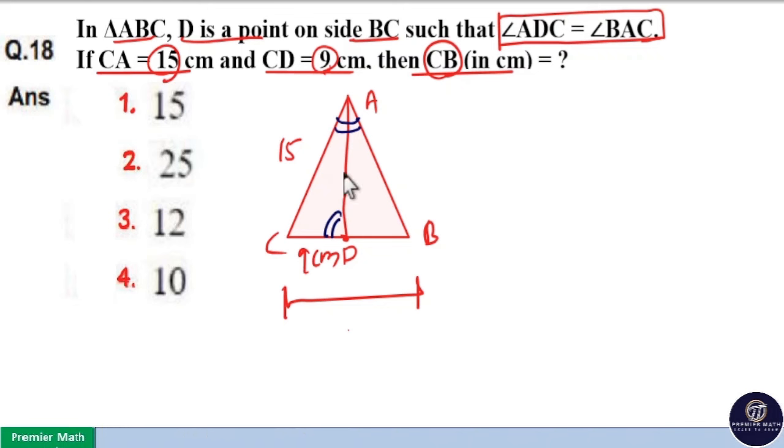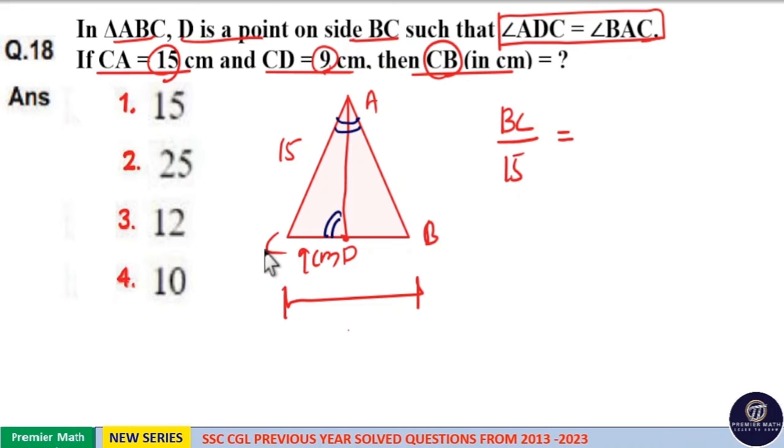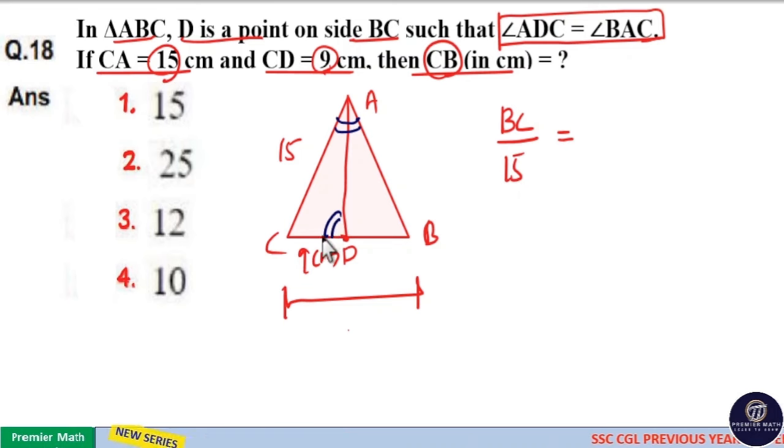Now one is right angle triangle and another is non-right angle triangle. So take the tan or cot of these two angles. Then you will get the answer. That is, if I take tan of angle BAC, opposite side is BC and adjacent side is 15, which is equal to, now take the tan of angle ADC.